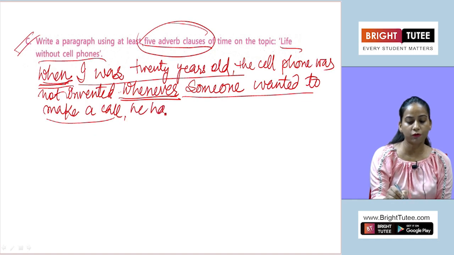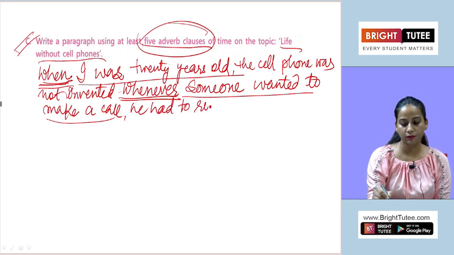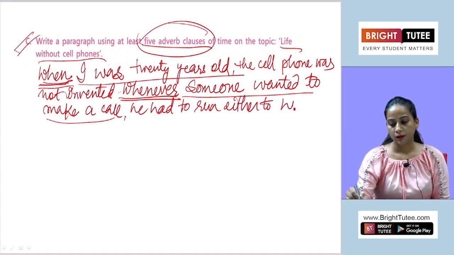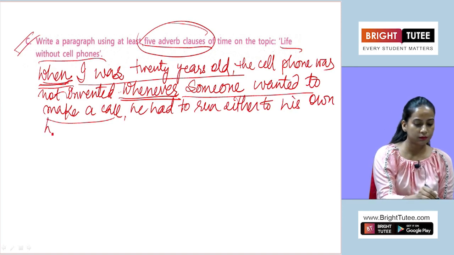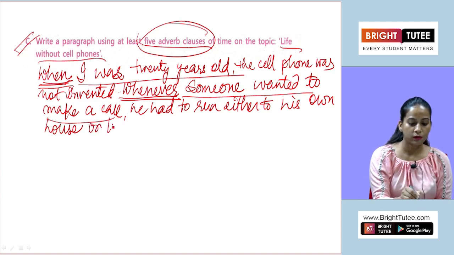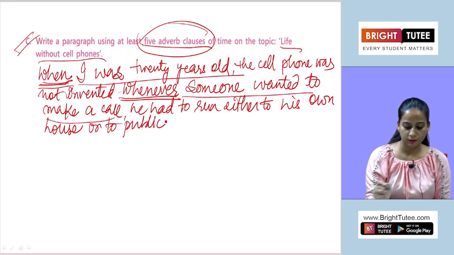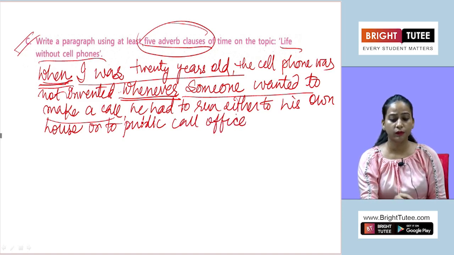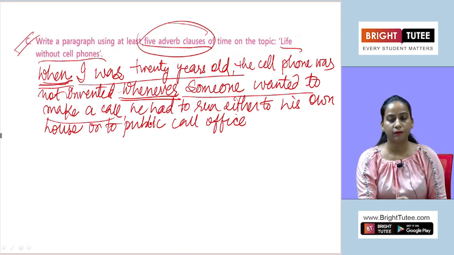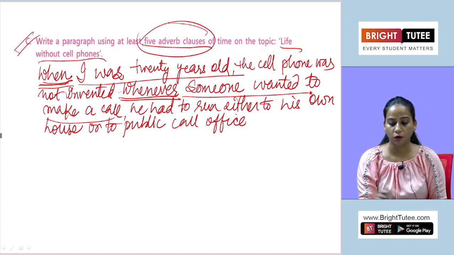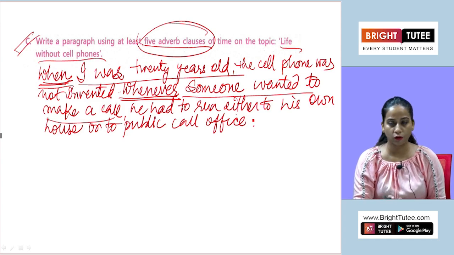He had to run either to his own house or to a public call office. So here we are getting the answer: when someone had to run either to his own house or to a public call office, the answer is whenever someone wanted to make a call. So that was the second adverb clause of time we have used.